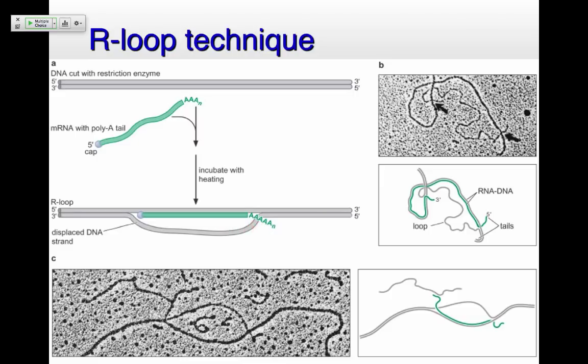So it's RNA binding, which gives you a DNA loop. And an example of this is just shown over here. This is a real electron micrograph, DNA with a loop on it due to RNA. And it's a lot easier to see in the diagram down here.